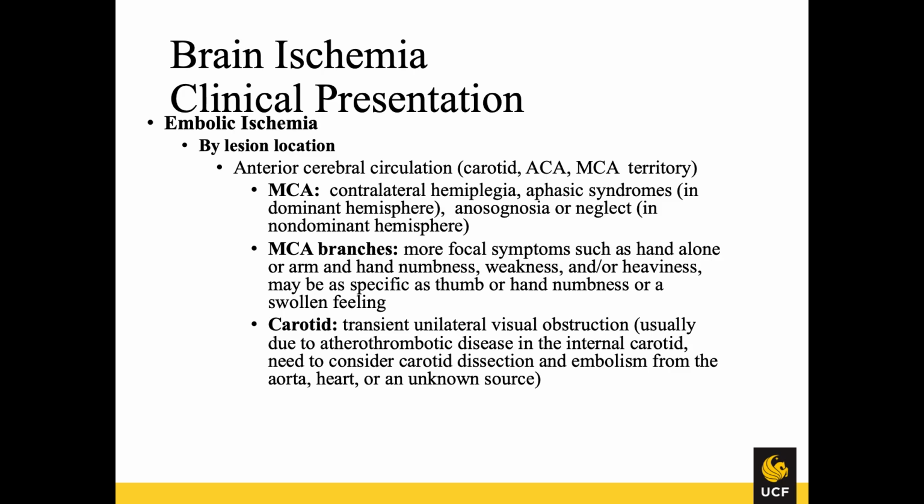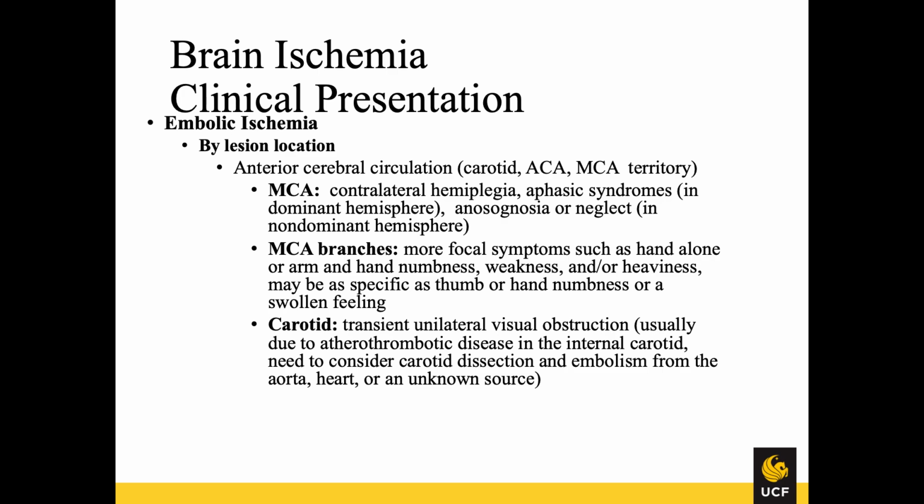In the MCA branches, you're going to have more focal symptoms such as hand alone or arm or hand numbness, weakness or heaviness, and it may be even as specific as they're going to tell you, well, my thumb has gone numb, or I feel like my hand is swollen, or my hand is numb. It can be a real specific focal symptom when the MCA branches get occluded by emboli.